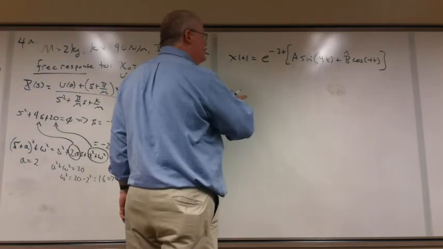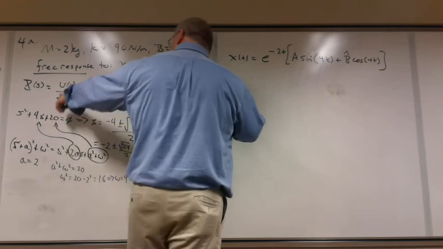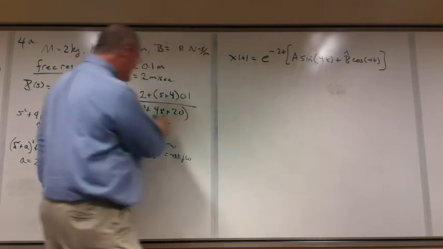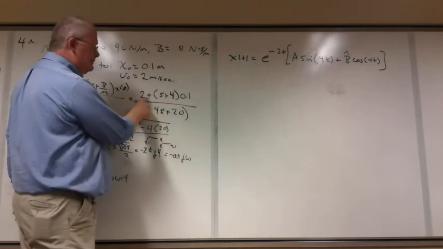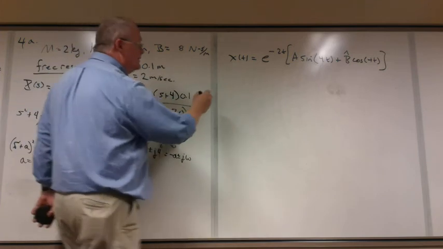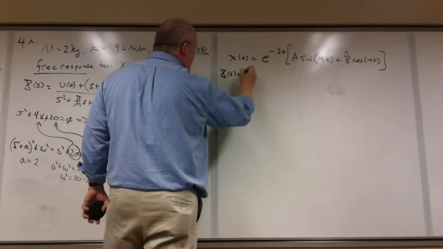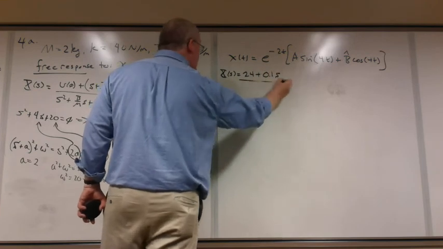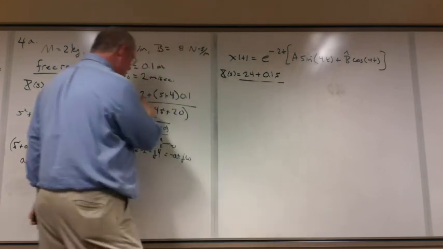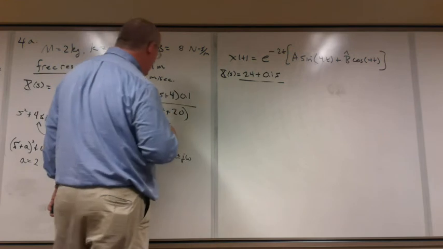Going back to the s domain, back to the Laplace domain, what that says is that this x of s right here, we've got x of s right here, okay? We can go ahead and group the terms together. We have 2 plus 4 times 0.1, so let's see. x of s is equal to 2.4 plus 0.1s, let's check that again, 2 plus 0.4, 2.4, plus 0.1s. Got that?